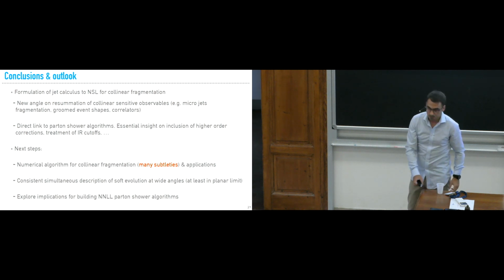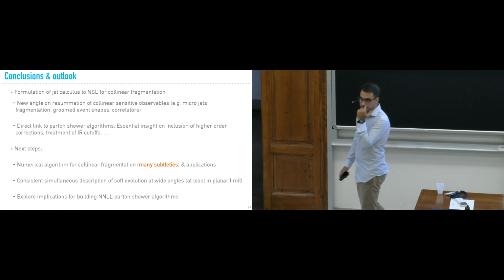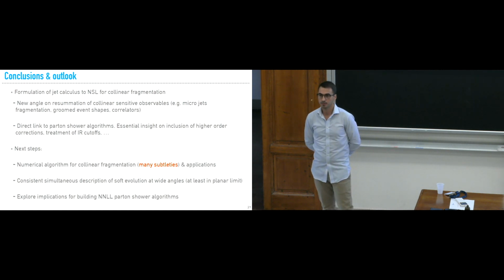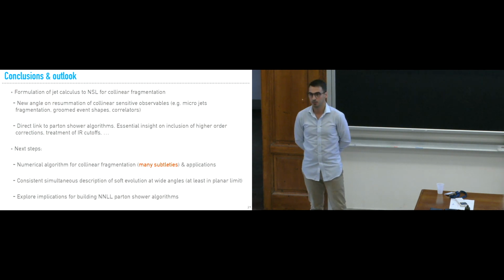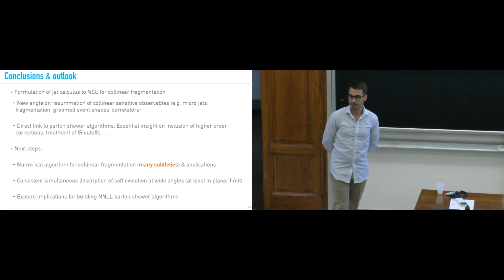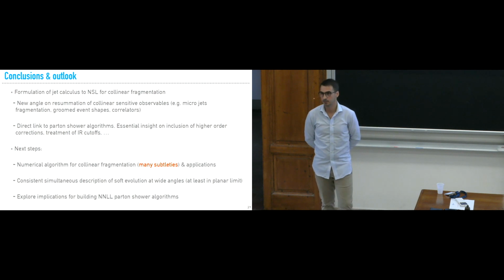Very interesting talk. I'm wondering if you're supposed to be able to reproduce the next to leading order DGLAP equations by integrating over the right stuff. Yeah, precisely. That's a good question. That's the first thing that we try to do, and we're working on that right now.